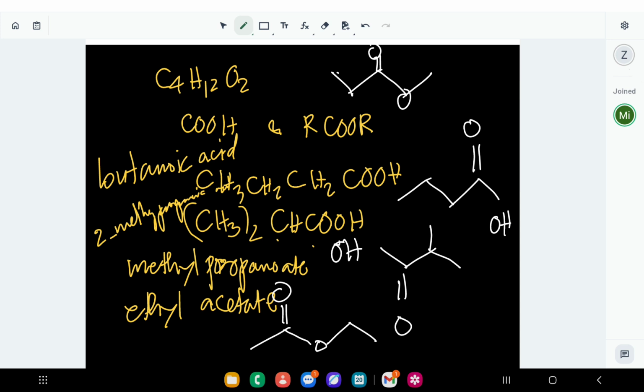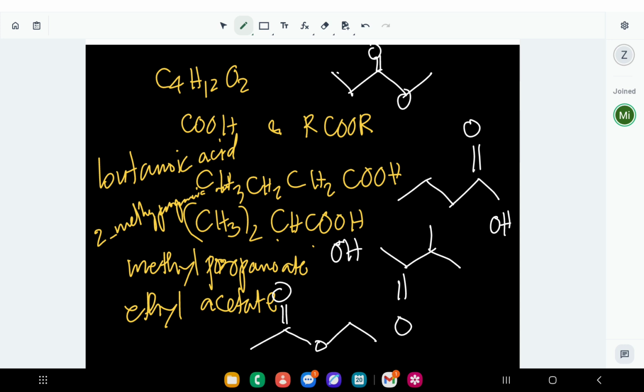So can you click if it's correct? Okay, let me see. So we have 4 constitutional isomers. In the first one, we chose 2, the butanoic acid and 2-methylpropanoic acid as more acidic, a trillion times more.